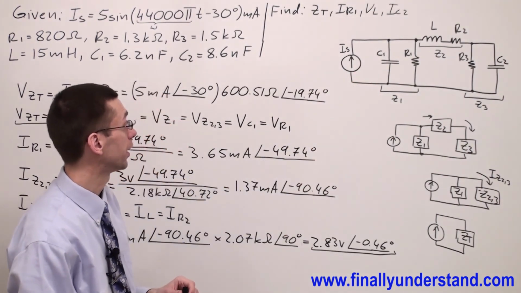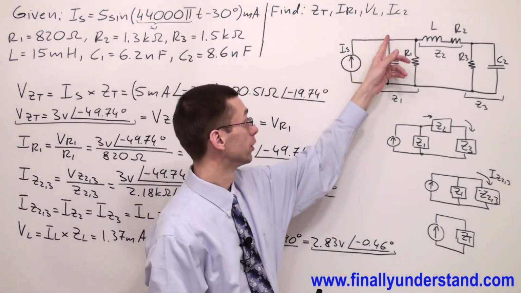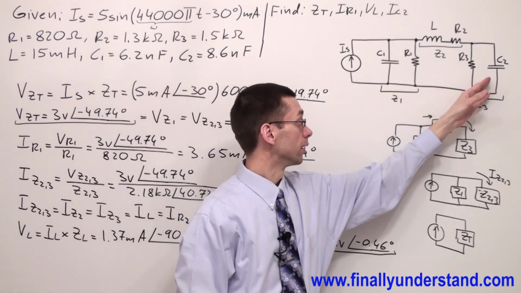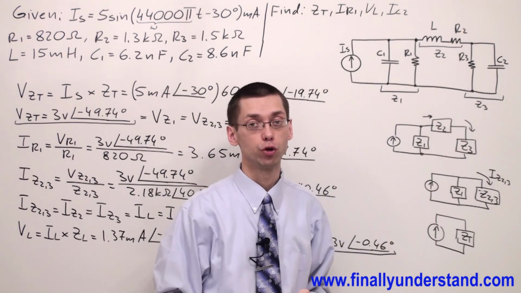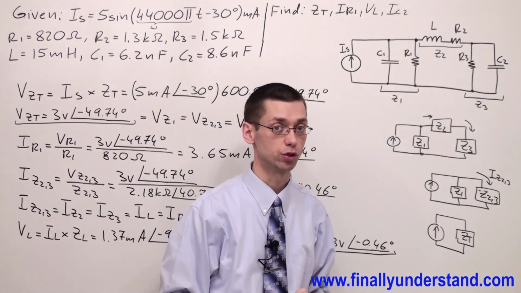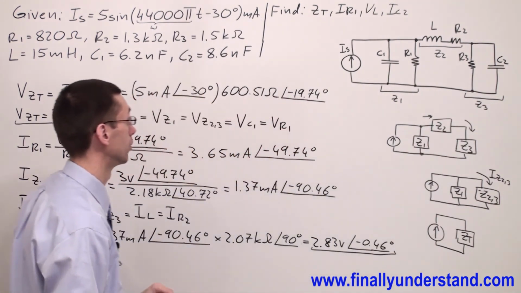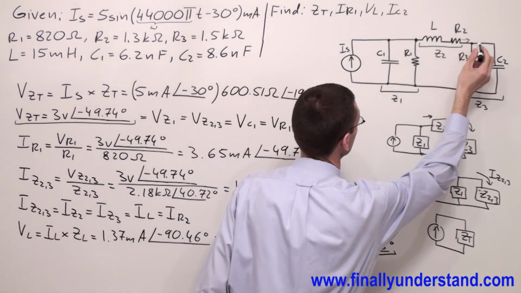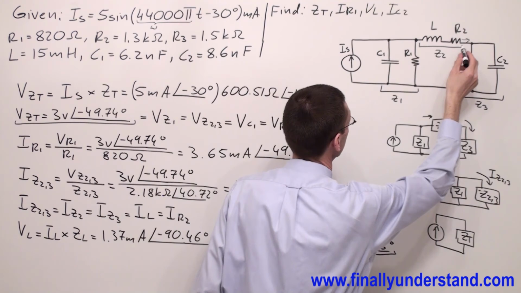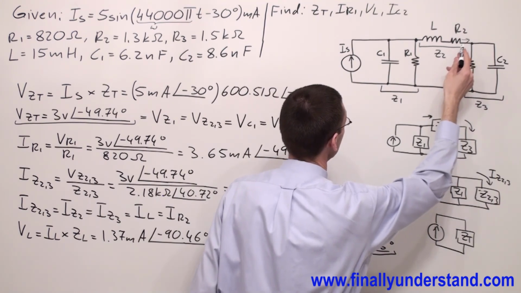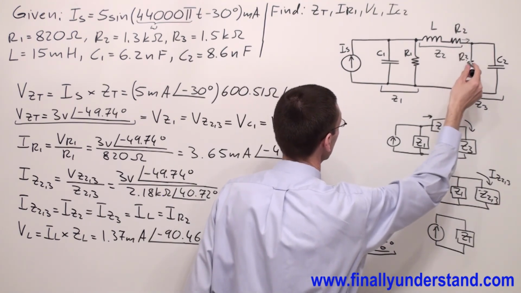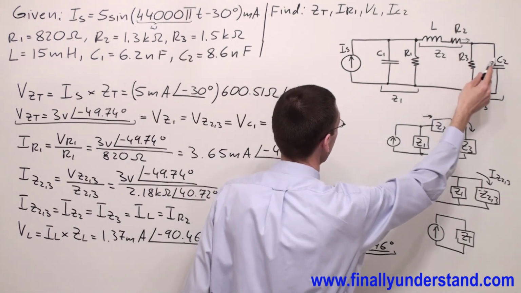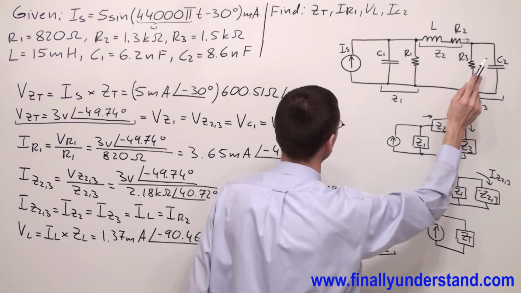In order to find the current which goes through C2, I'm going to use current division law. Okay, so I'm going to use this current. Okay, so this is current IZ23, and I'm going to simply use this current as the total current for this part of the circuit only.